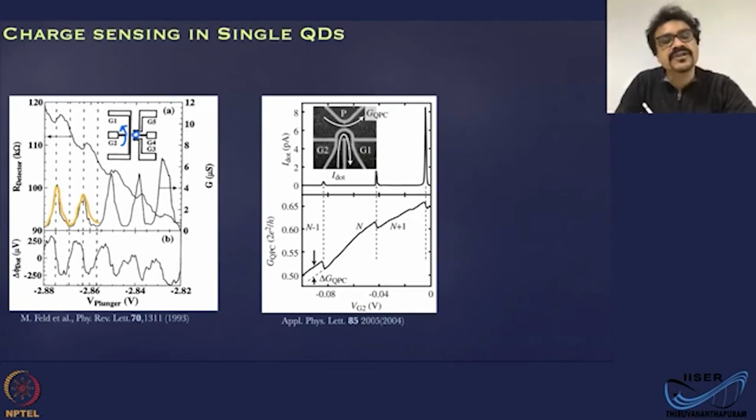These are the Coulomb blockade oscillations. And the corresponding conductance change or the resistance change in the detector circuit, which is the quantum point contact, is shown here. So as you can see, whenever the electron number changes through the dot, that is felt by the QPC and it displays a bump.